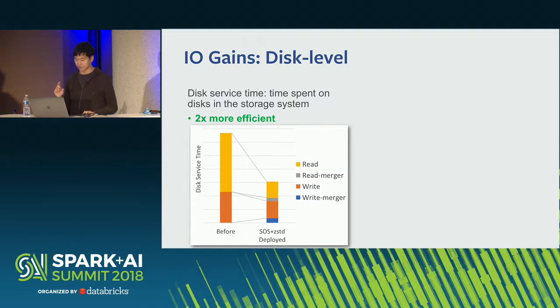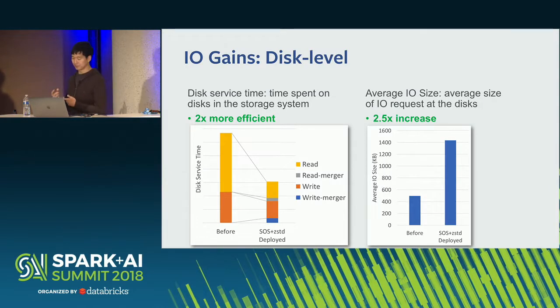And then we also see that the write also decreased, and this is because of the Z-standard compression. The other parts here are the labeled write merger and read merger. These are the extra overheads of having to do the merge process in SOS. And you can see that they're definitely there, but they're not a very significant part of the disk service time.